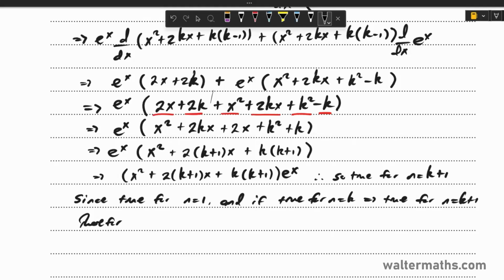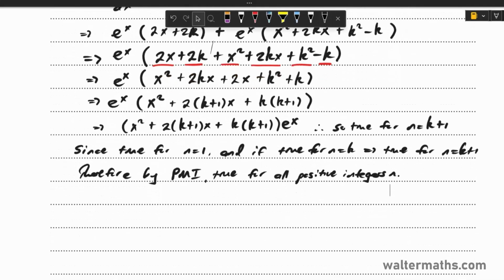Therefore, by the principle of mathematical induction, it has to be true for all positive integers n. So that's how we prove it right here. Let's go on to the next question.